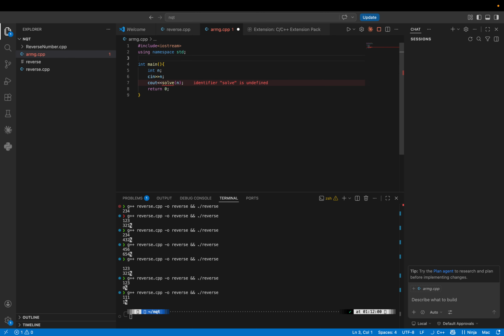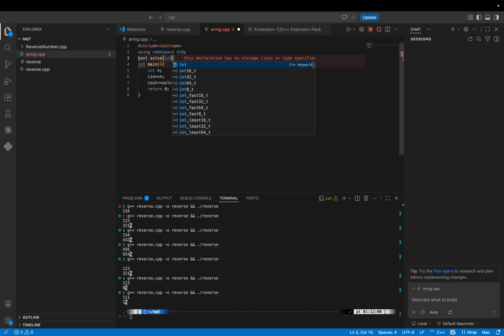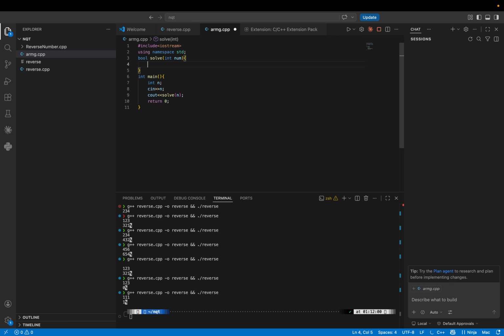Okay, and here bool solve, and we provided the number which is num. Now what I wanted is that if I get the number, I should do its power to the length.